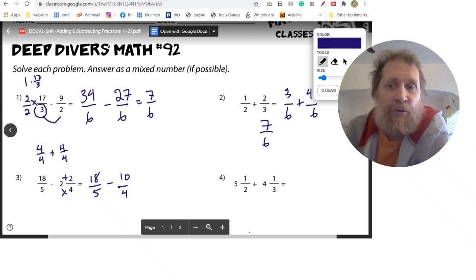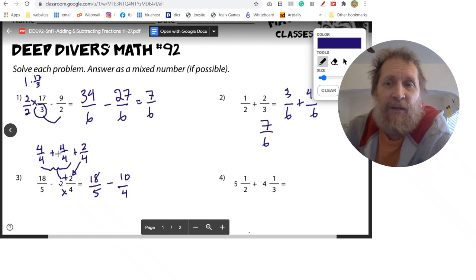Well, if I have 2, then 4 fourths is 1 plus another 4 fourths is another 1. 1 plus 1 is 2, right? So here I've got 2 and 2 fourths. Well, that's like 4 fourths plus 4 fourths, that's 2. Plus 2 fourths, that's my 2 and 2 fourths, right? This part right here is the 2, and this part is the 2 fourths, right? 2 and 2 fourths. Well, 4 fourths plus 4 fourths plus 2 fourths, 4 plus 4 plus 2 is 10.